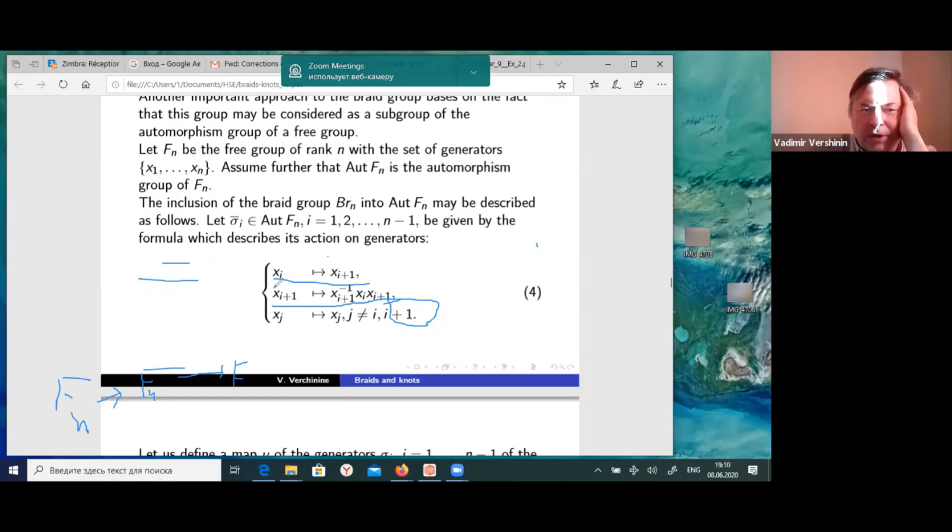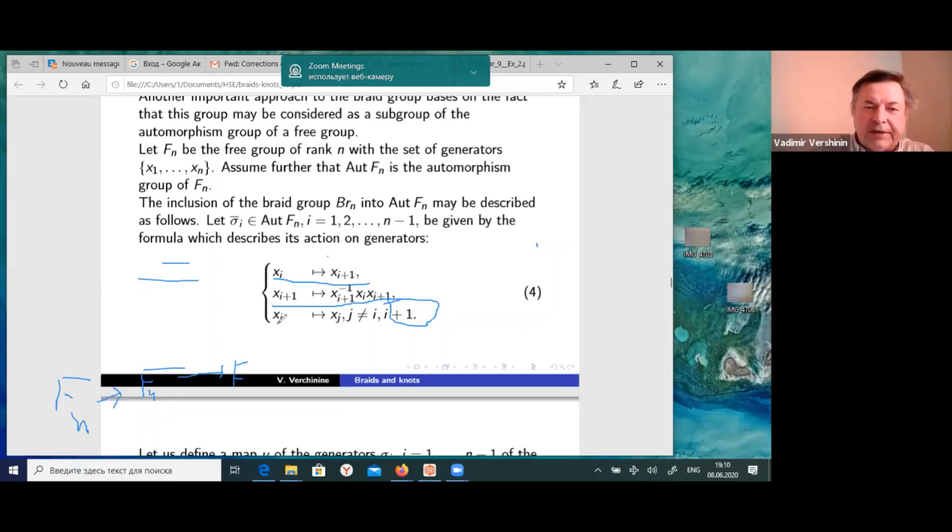If we consider the following for abelian groups, then this will be a permutation, an even involution. x_i goes to x_i+1 and x_i+1 will go to x_i, because this commutes and this will disappear. But in the non-commutative case, it's essential that our image of x_i+1 is the following.